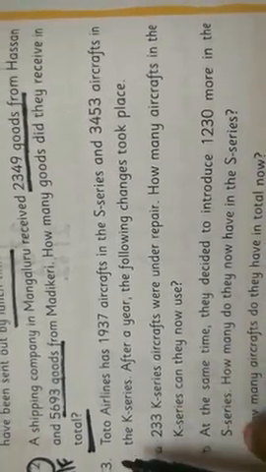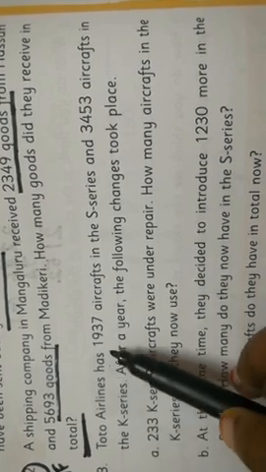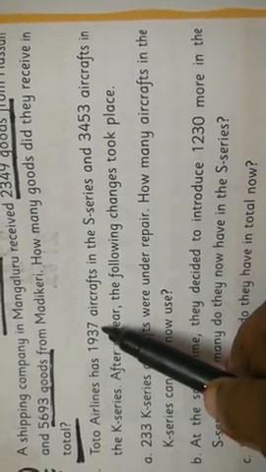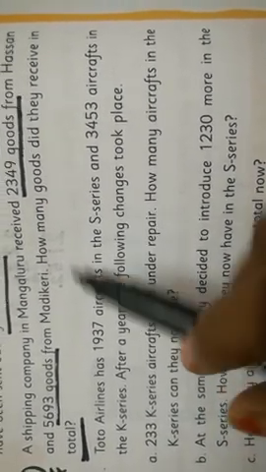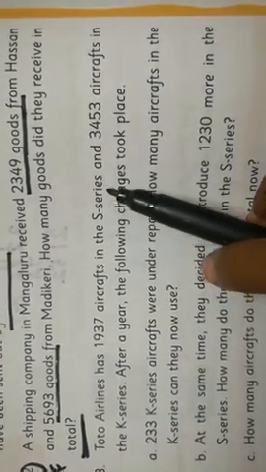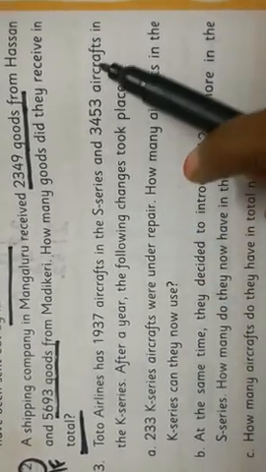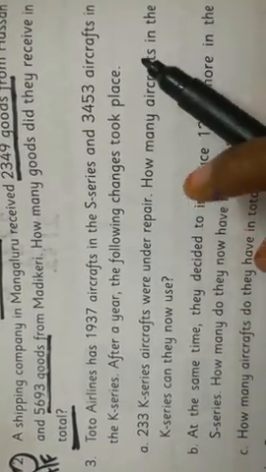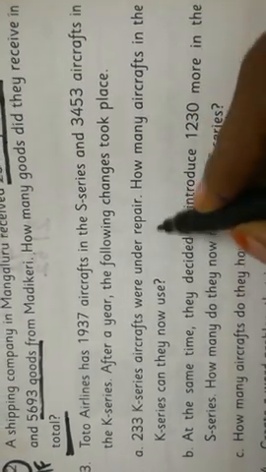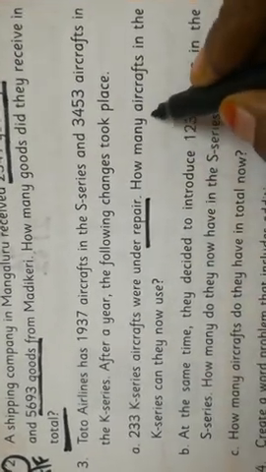Third question: Toto Airlines has 1,937 aircrafts in the S series and 3,453 aircrafts in the K series. After a year, the following changes took place. Option A: 233 K series aircrafts were under repair. How many aircrafts in the K series can they now use?